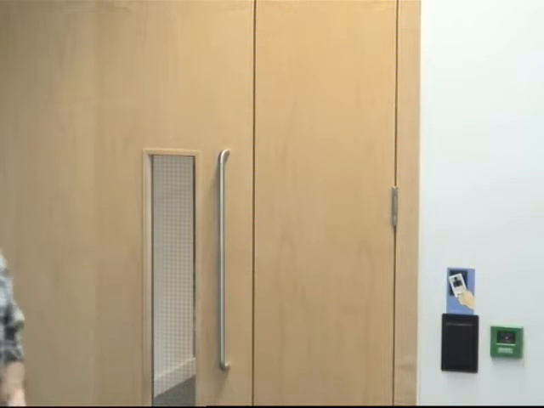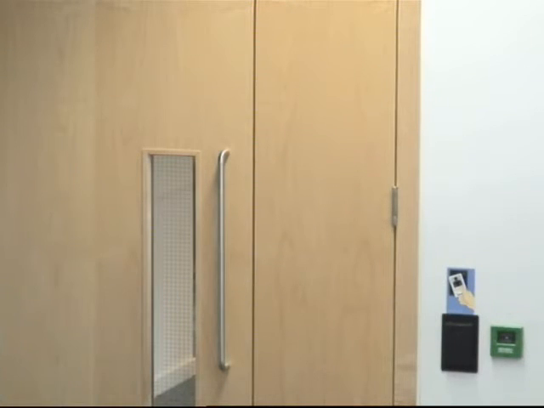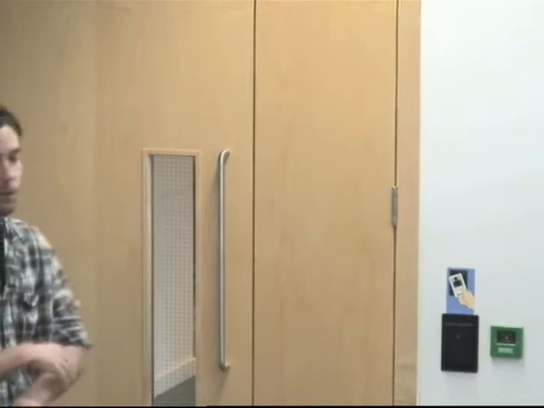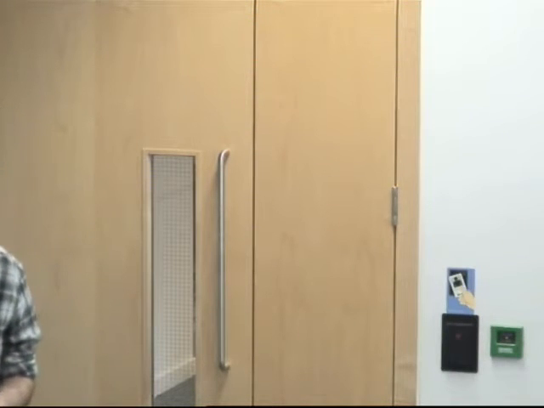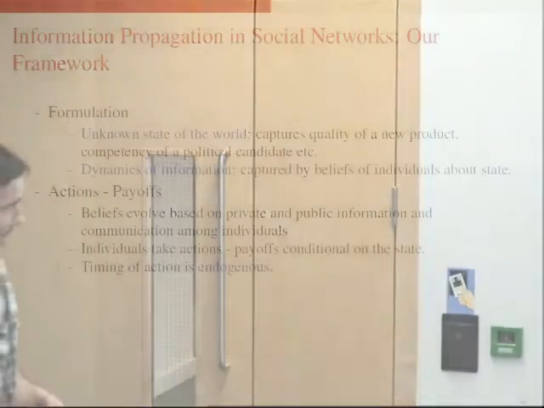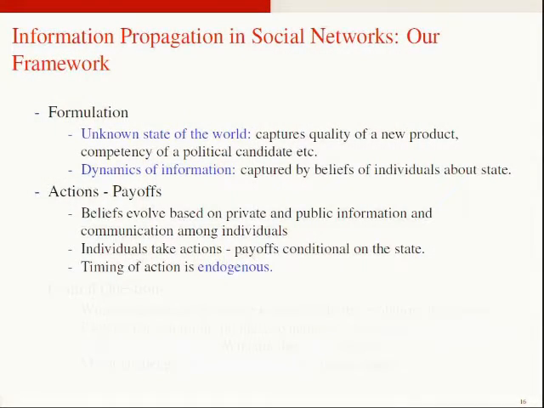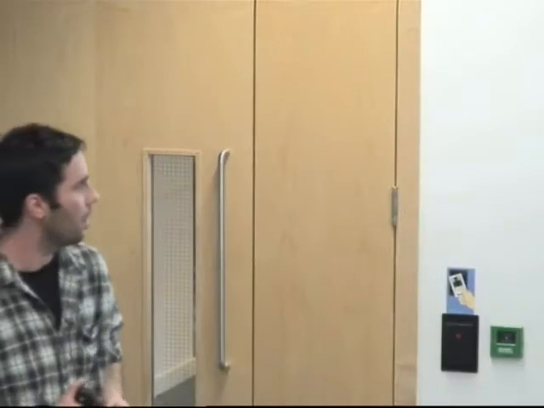We have an unknown state of the world. This unknown state of the world captures the unknown product quality or the unknown competency, say, of a political candidate. And the dynamics of information are captured by the beliefs of individuals about this state. These beliefs evolve based on private and public information that gets available to the agents.